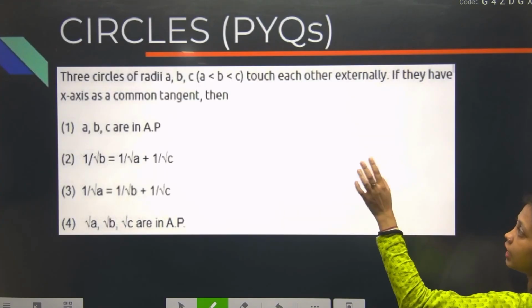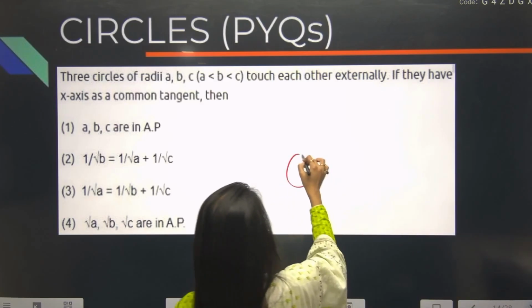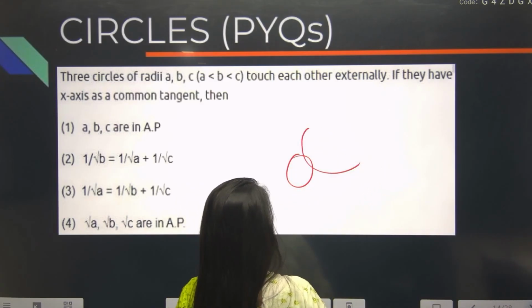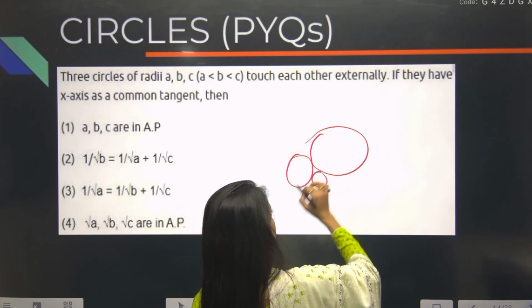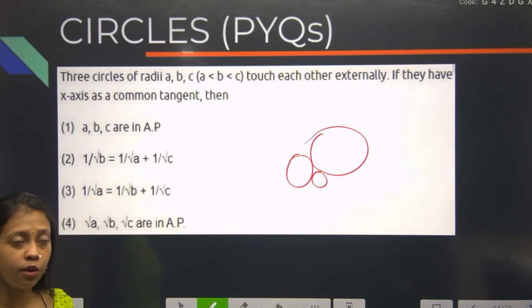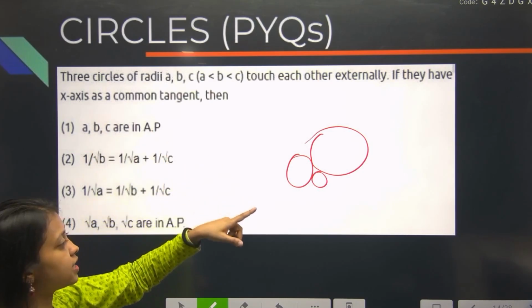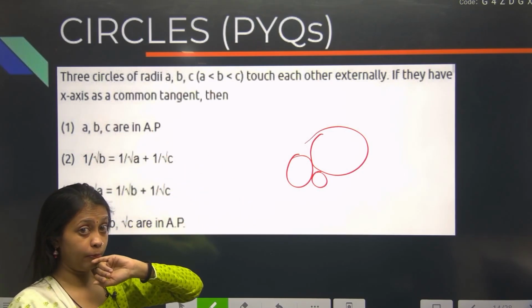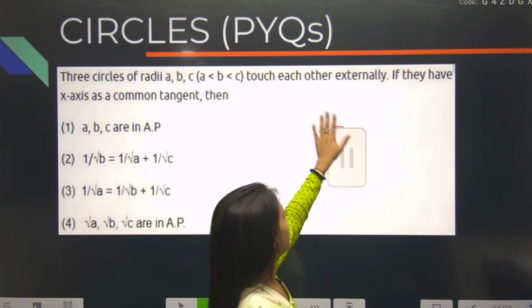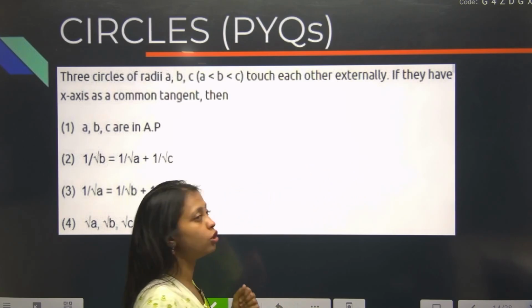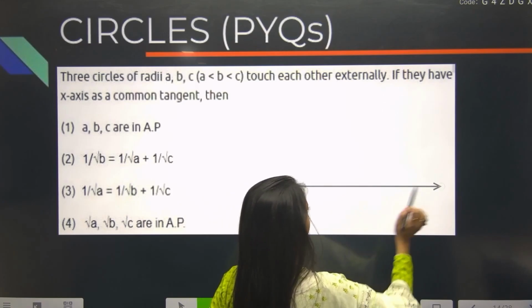Three circles of radii A, B, C touch each other externally. Okay, that is possible. Maybe this is the first circle, second circle, and third circle, all of them touch each other externally. But now there is one more point. They are saying that they have the x-axis as the common tangent. Now there is a problem: one line which is tangent to all of them, and it has to be a horizontal line, the x-axis. Let's try to draw that as well.